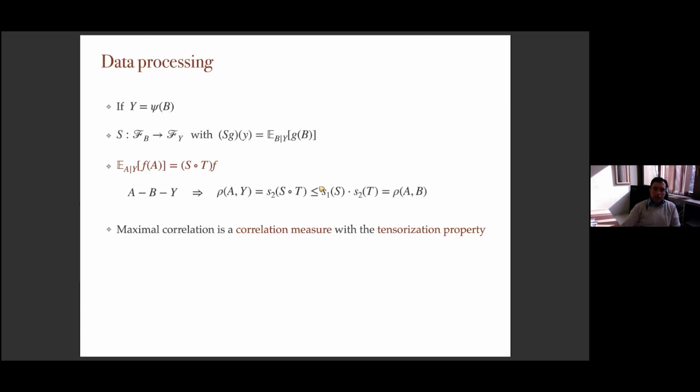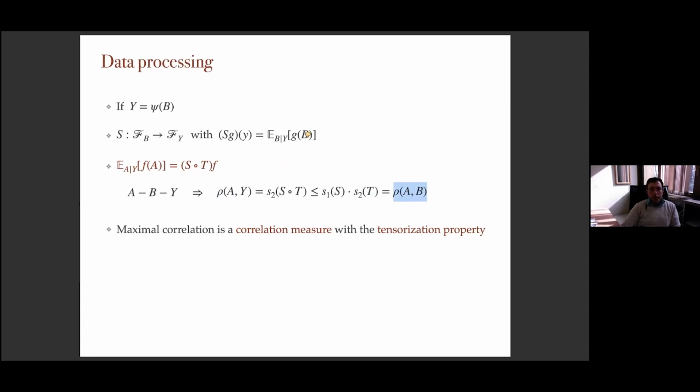It's a natural inequality when you consider norms of operators, but just by definition, you can prove this inequality for yourself. Now the point is that S1, the first singular value, is equal to 1. So we have this equality that the second singular value of T is rho AB. So we have this data processing: rho of AY is at most rho of AB.